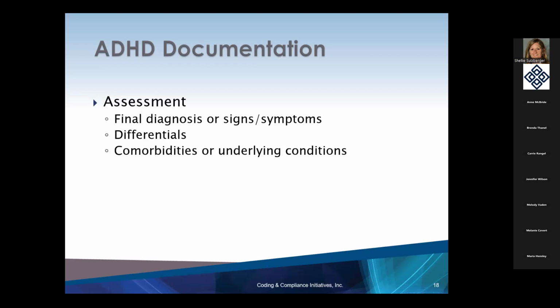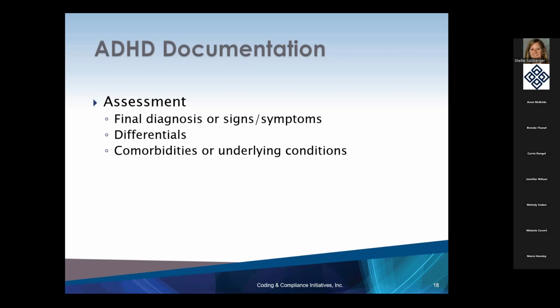The assessment. So this is my provider story. What is the final diagnosis? You've taken those subjective, the patient story, you've taken your objective portion, and now what are you coming up with? I'm either coming up with a final diagnosis of some sort, or I'm coming up with those signs and symptoms.